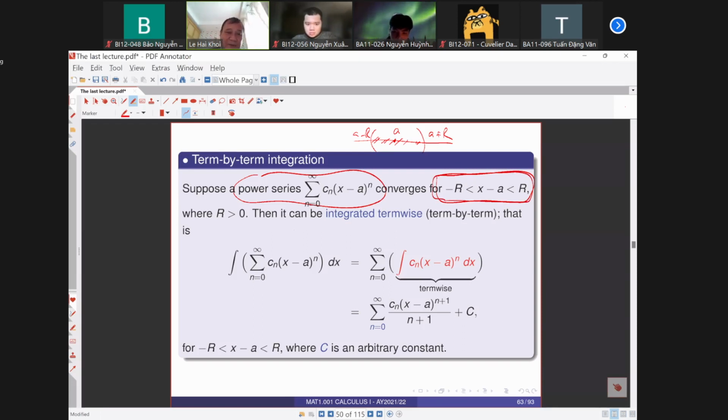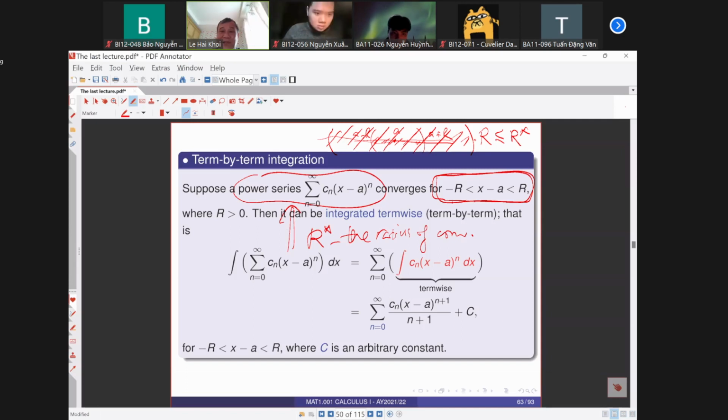That is, if R star is the radius of convergence of this series, then R is less than or equal to R star, which means that it can happen that this is the interval of convergence.